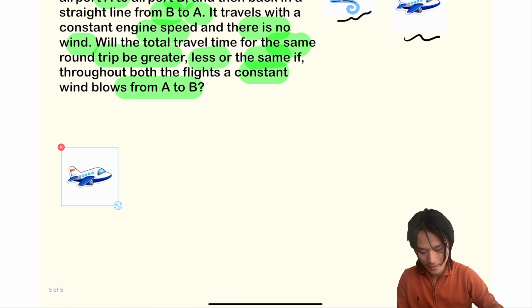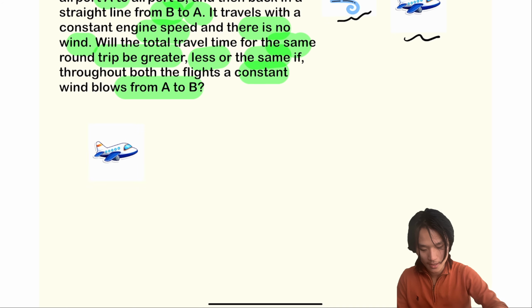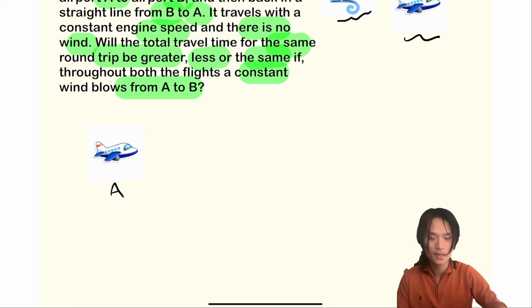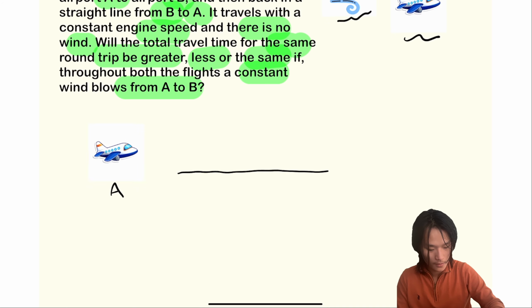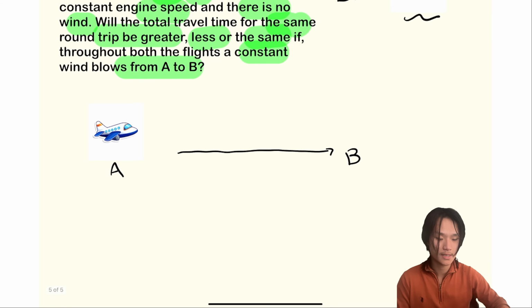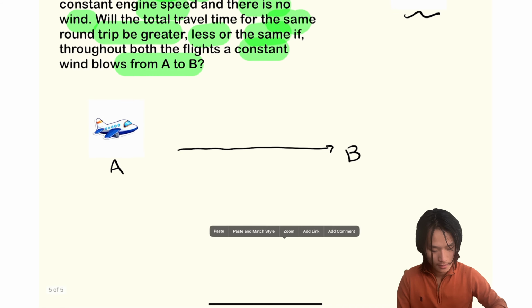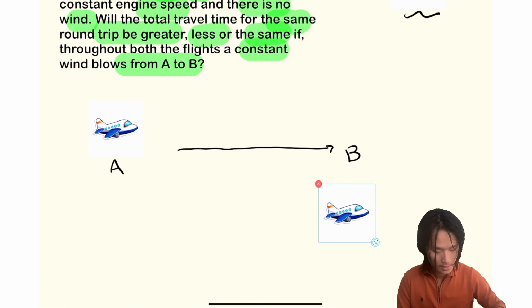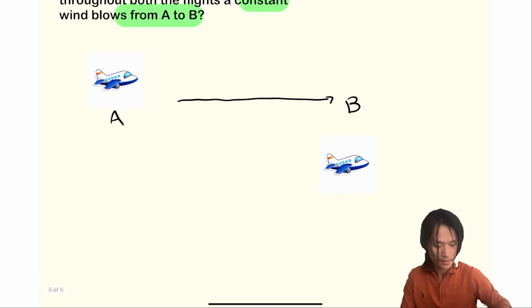We have a plane from airport A here, and then it will fly all the way to airport B. And when it's at airport B, it's going to fly back because it's taking a round trip.